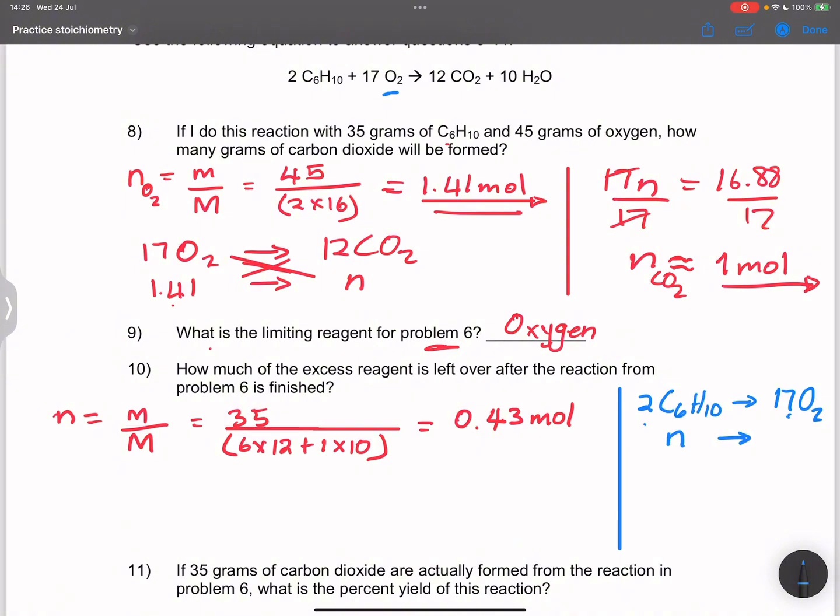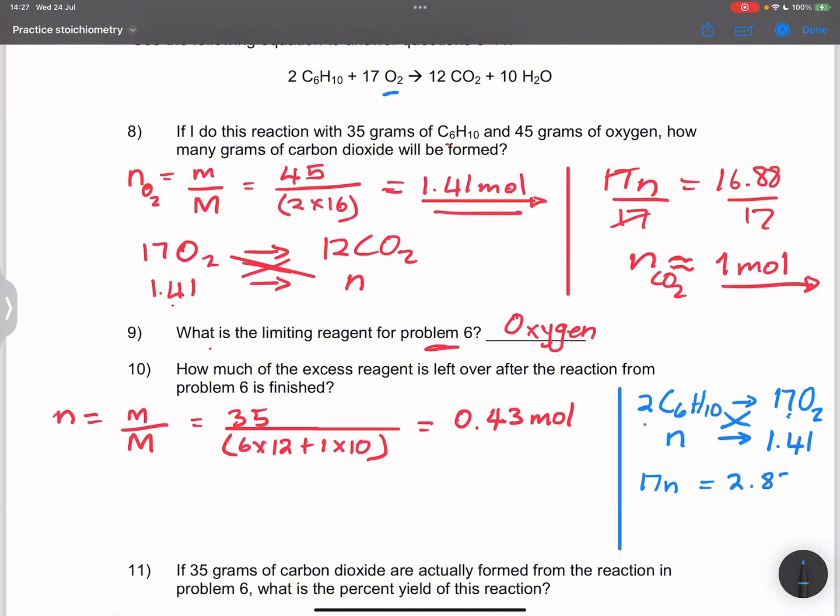In this case, remember the number of moles of our limiting reagent is 1.41. So for how many moles of hexane are we going to utilize all of the 1.41 moles of oxygen? So again, cross multiply: 17 times n, that's 17n, and that's 2 times 1.41, which gives us 2.82.